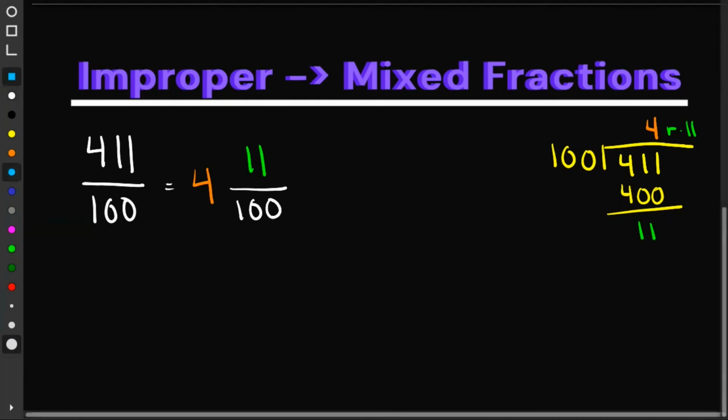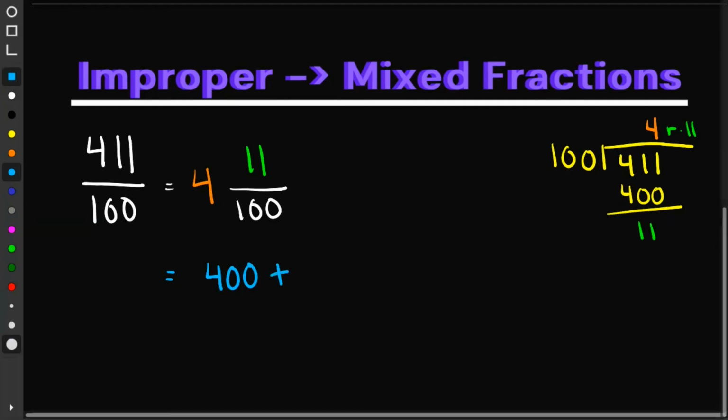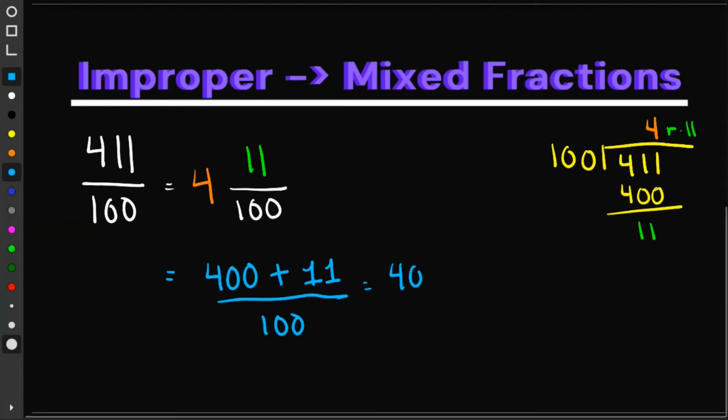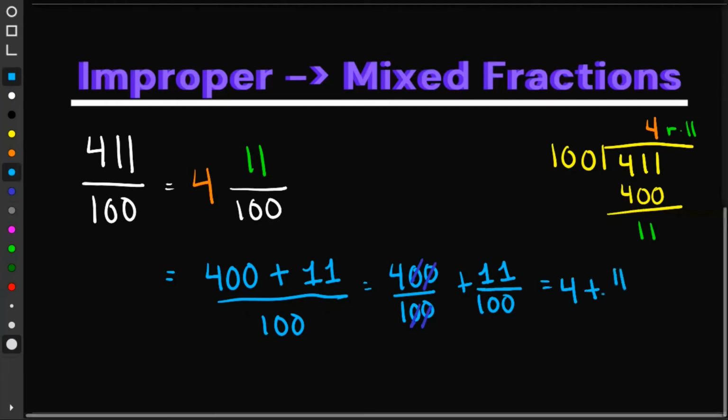If we try to apply the method a while ago, we can actually observe that we can split 411 into 400 plus 11 all over 100, which again would give us 400 over 100 plus 11 over 100, which would cancel out the 2 zeros, giving us 4 plus 11 over 100.